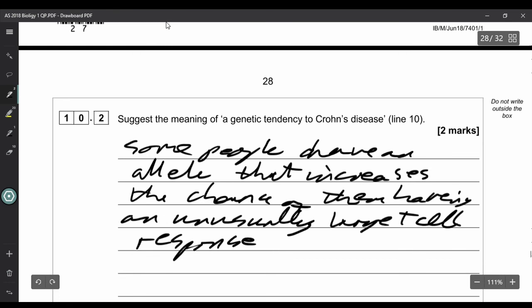Okay, so we're keeping it concise and we're using scientific language like alleles. So when we said suggest a meaning for the genetic tendency, it is not just passed on, but because they have certain alleles, and we're linking it to Crohn's disease, so we're linking it to the fact that they're going to have an unusually large T cell response, which we've got from the passage.